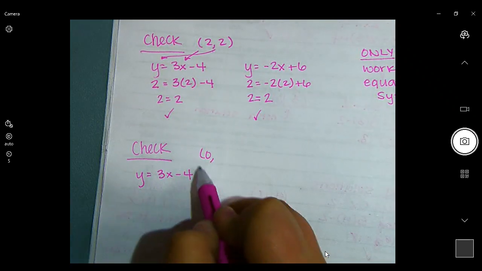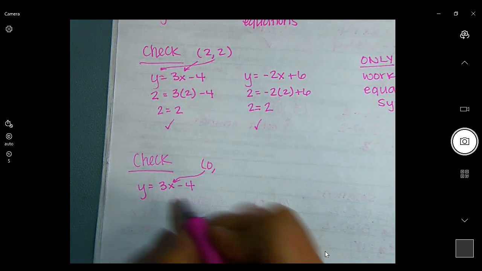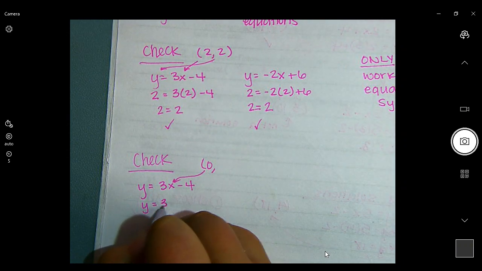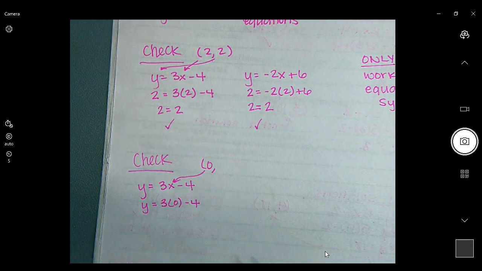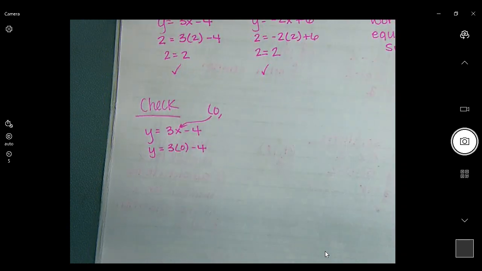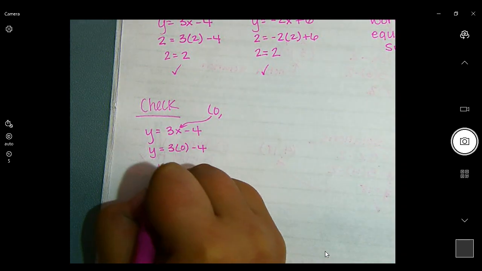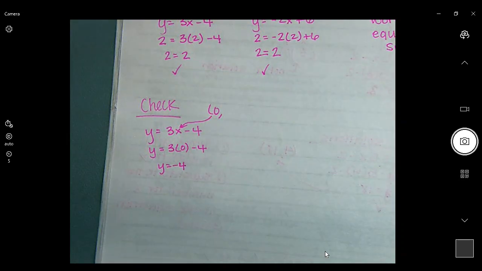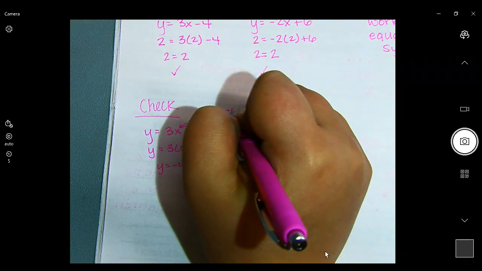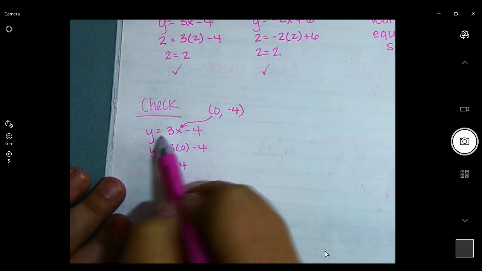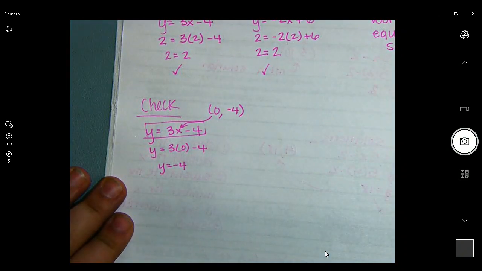Okay, so if I put 0 in place of x, I would get y equals 3 times 0 minus 4. Now, we should all know that 3 times 0 is 0. So I have 0 minus 4, which means y is just equal to negative 4. So 0, negative 4, is a solution to this equation.